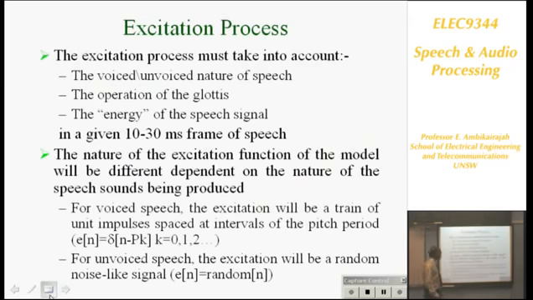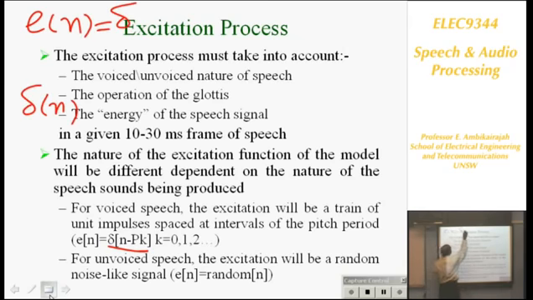So what is an excitation process? Excitation here is an impulse. Everyone knows impulse can be represented by delta. Delta n is an impulse. And if you want many impulses, you say e(n) is equal to delta(n - pk), where p is the pitch period.